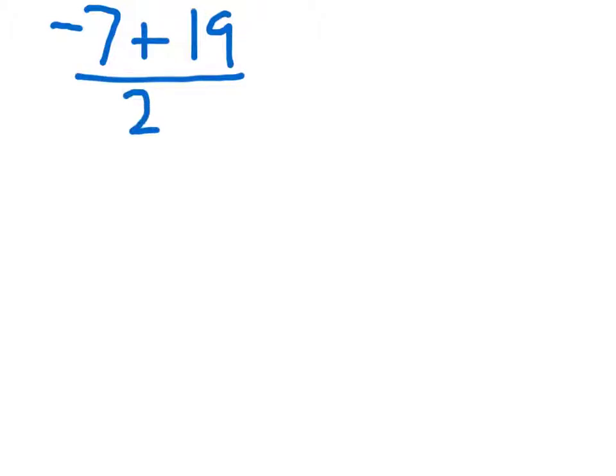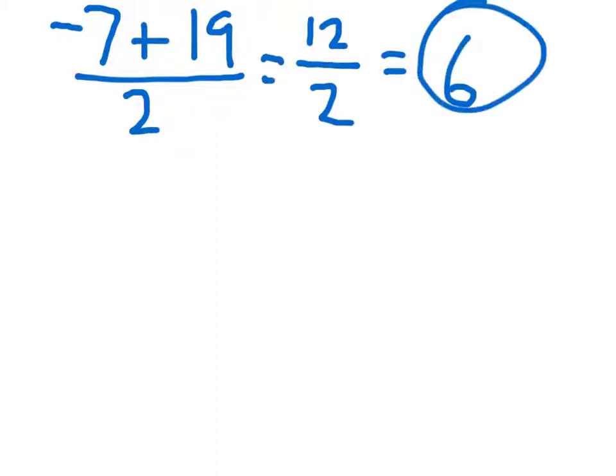The next step is to use both minus and plus to get our two m answers. So negative 7 plus 19 gives 12 over 2, which equals 6.